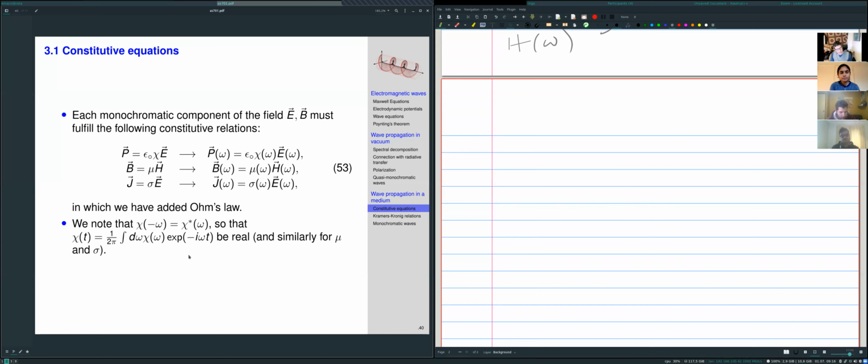Okay, and similarly for mu and sigma. So all of these quantities, chi, mu, and sigma, are real in time for the signal, and the spectral components are Hermitian, is what I meant to say. Okay.